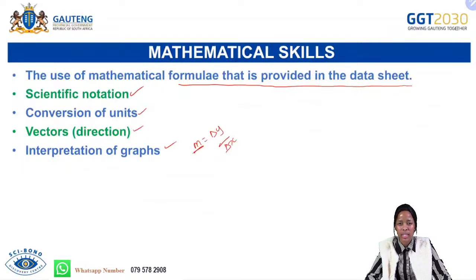You are calculating the gradient. But we said that if you then multiply the y-axis and the x-axis, what is it that you are calculating? You are calculating the area. So just make sure that you familiarize yourself with calculating the gradient between the 2 points. Okay.